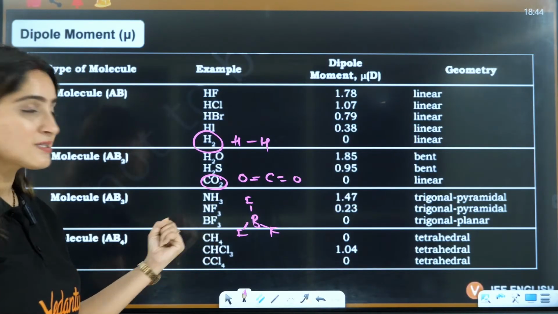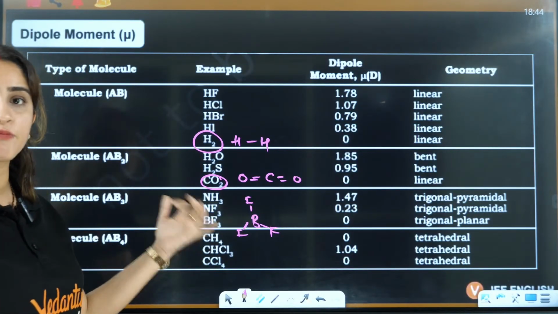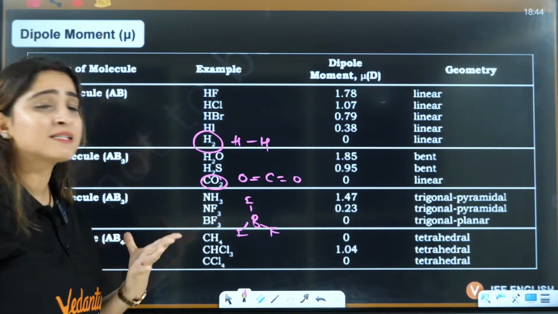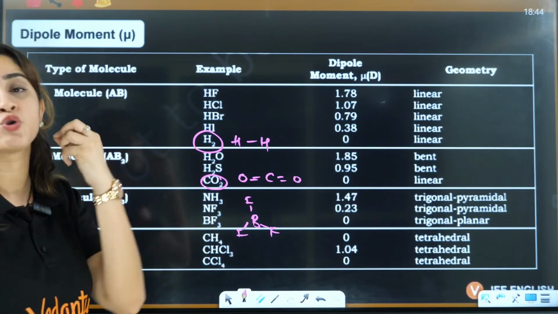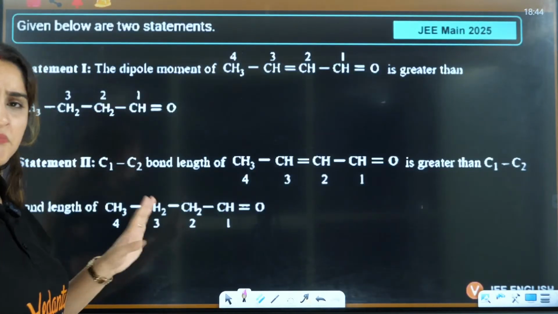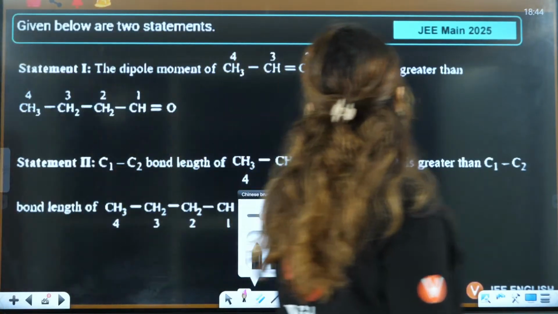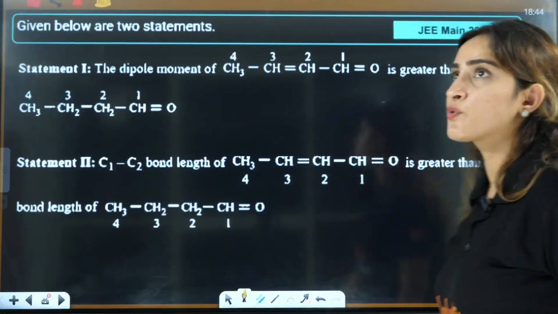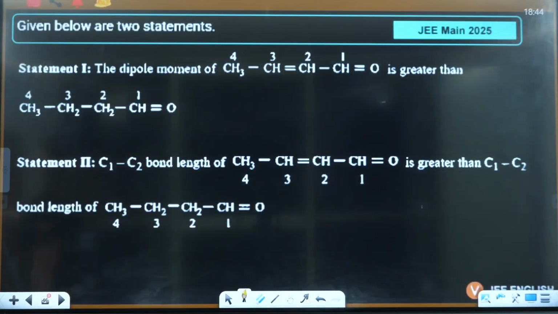In a similar way, in CH4 all the bonds are the same, so dipole is going to be 0. CCl4, all the bonds are the same, so dipole is going to be 0. So when all the bonds are the same, dipole is 0, right? Now let's do this question here everybody.